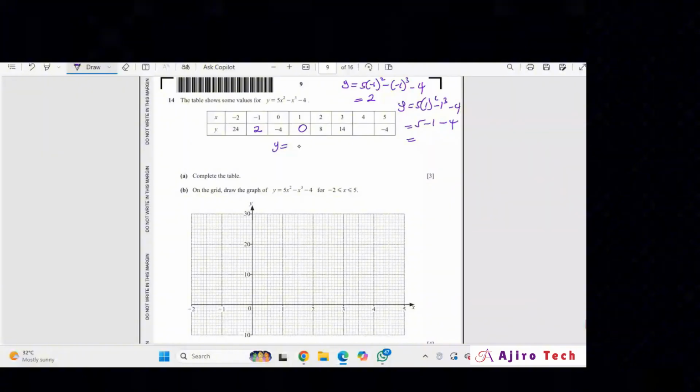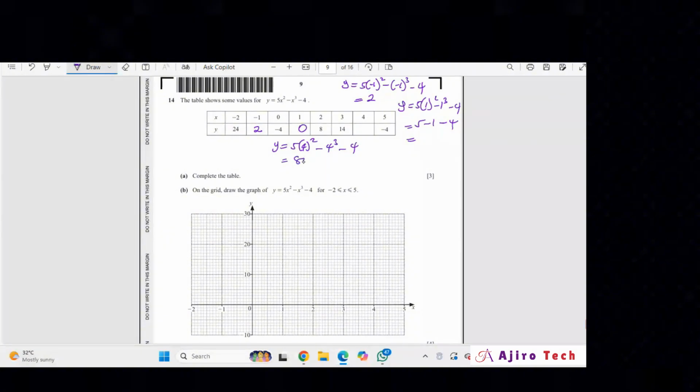Do the next one. y is equal to 5 open bracket 4 squared minus 4 raised to the power 3 minus 4. So 4 squared is 16, and 16 times 5 will give us 80.